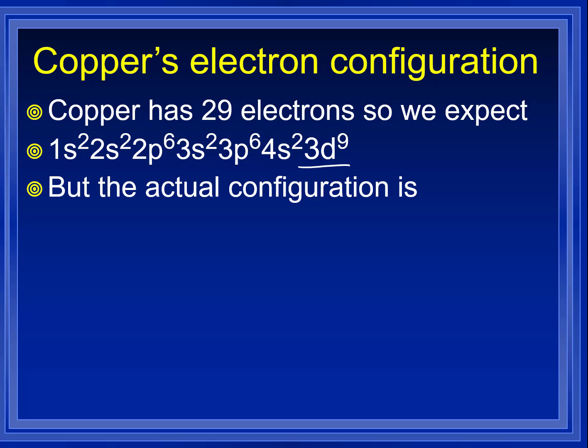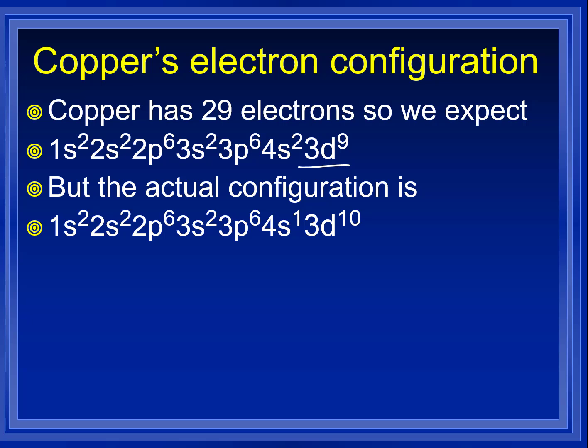How can we use that same principle that we just did with chromium? How can we apply that to copper? So what did we do with chromium? We took one out of the S's and moved it to the D's. So instead of 4s2 at the end, it's going to be 4s1. And instead of 3d9, it's going to be 3d10.